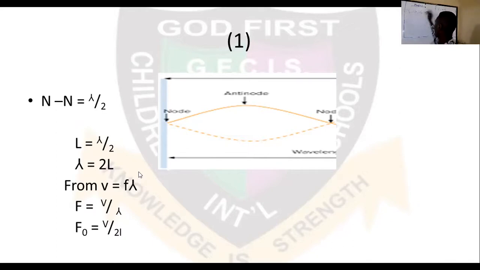So 1, 2, 3, 4, and so on. So this is first harmonic. This is second harmonic. And this is third harmonic. Then this is your first overtone. Your second harmonic is your first overtone.